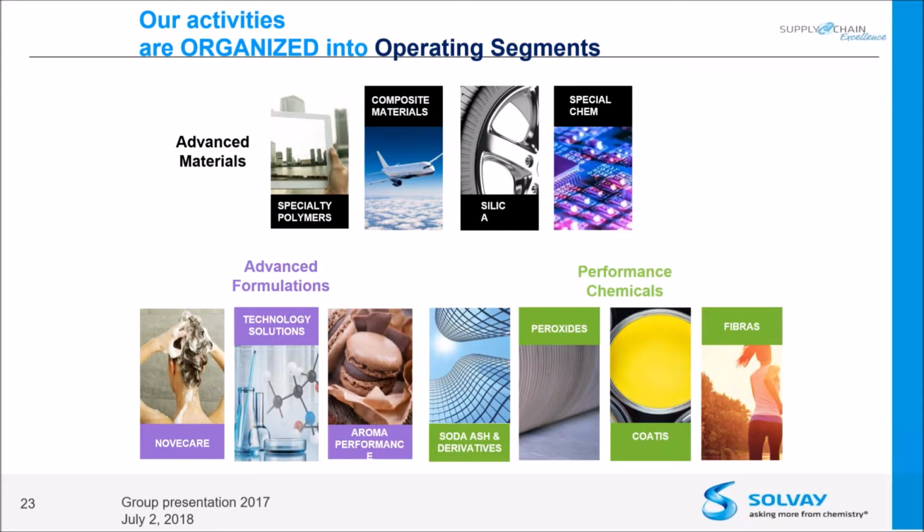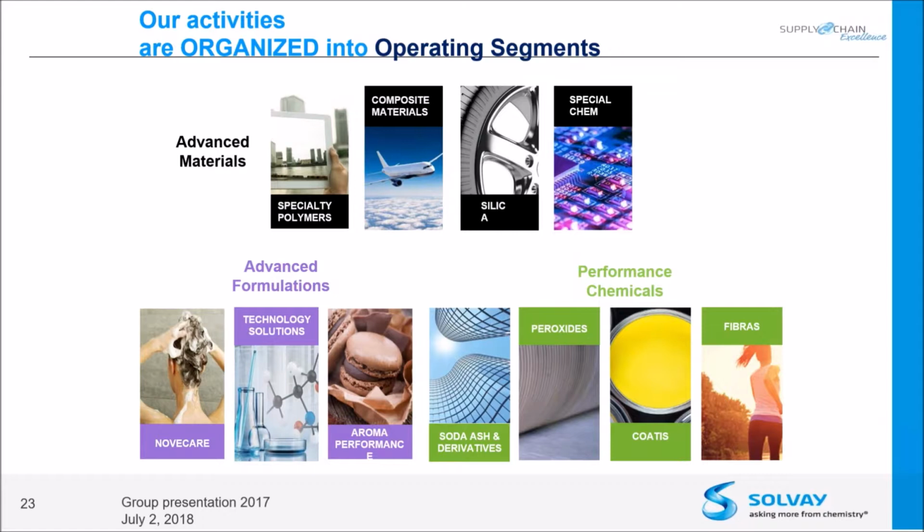You have a second segment, we call it advanced formulation. And advanced formulation is actually business that are working on what we call surface chemicals and also liquid behaviors. If I take the case of Novecare, you see shampoo.